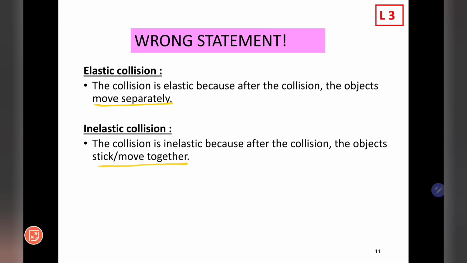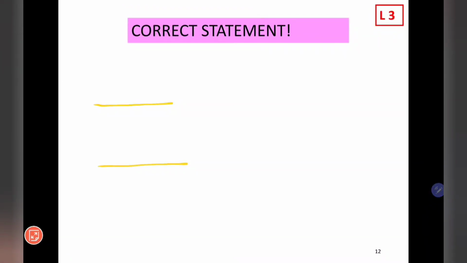It's wrong. Actually, how do we know whether it is an elastic or inelastic collision? We refer to the principle of conservation of kinetic energy, because according to our discussion before, the total kinetic energy is conserved for elastic collisions only, while under inelastic collision the total kinetic energy is not conserved. So the correct statement should be like this.